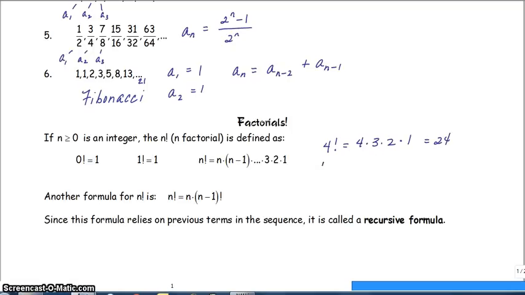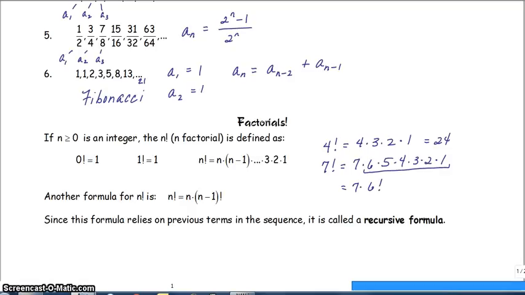Where 7 factorial would be defined to be 7 times 6 times 5 times 4 times 3 times 2 times 1. Now that leads us to another formula for n factorial, which is n factorial is equal to n times n minus 1 factorial. So what that means here is that if I look at this much, the 6 times 5 times 4 times 3 times 2 times 1, that's another name for 6 factorial.